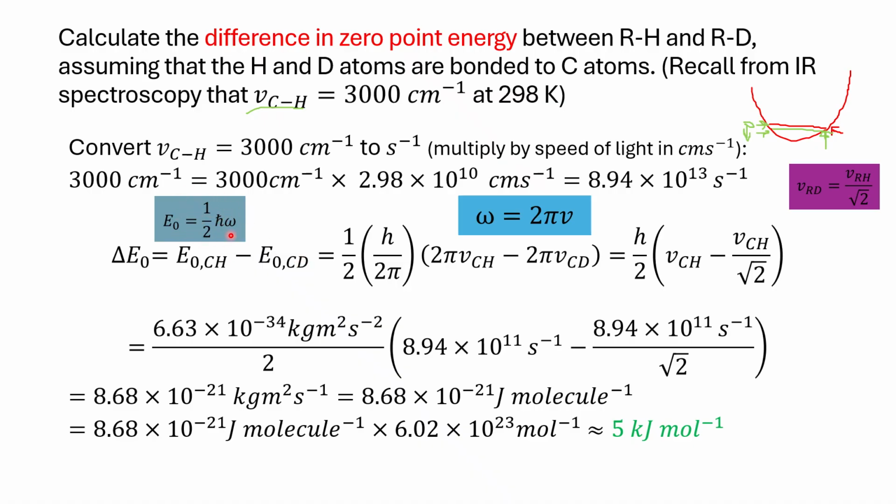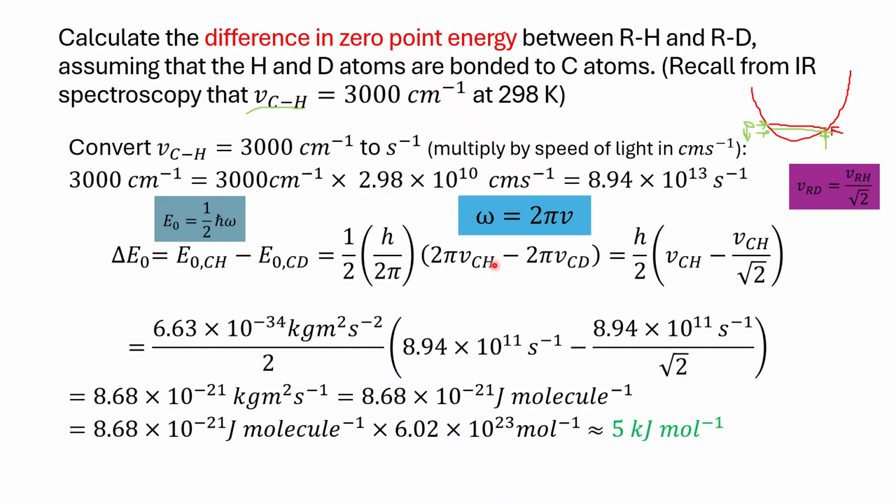The zero-point energy equals 1 over 2 h-bar multiplied by the angular frequency of vibrations, and the angular frequency equals 2 pi multiplied by the vibrational frequency. We have to find the zero-point energy for each of these molecules, so we can find their difference.